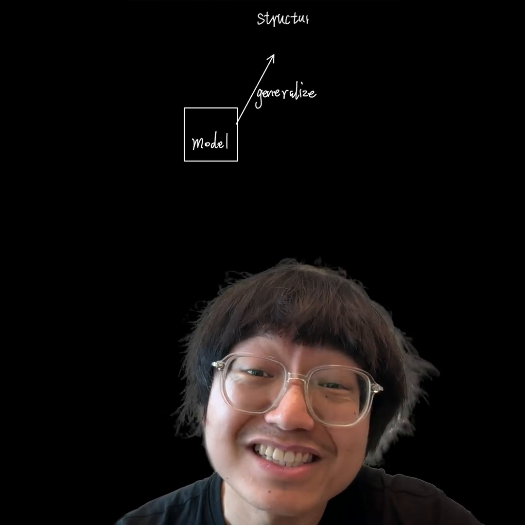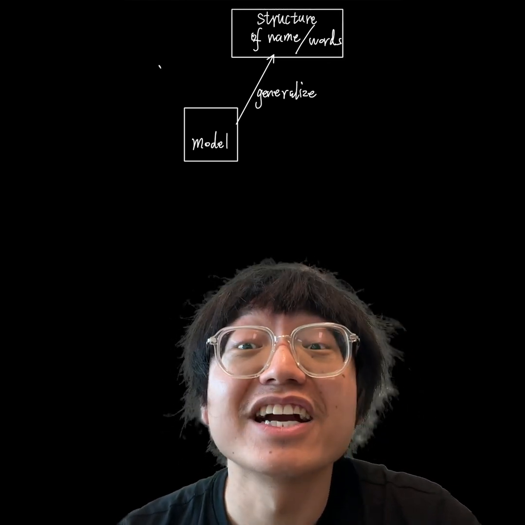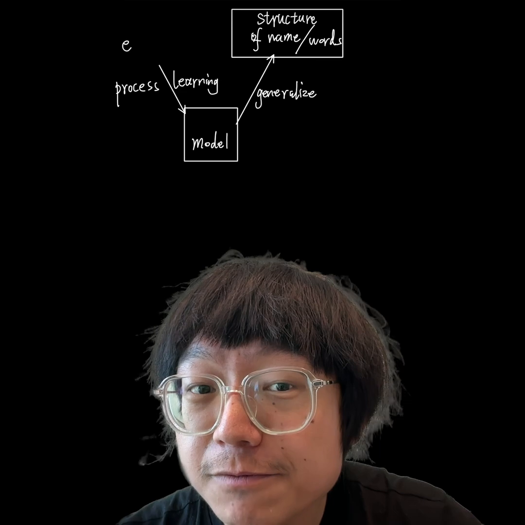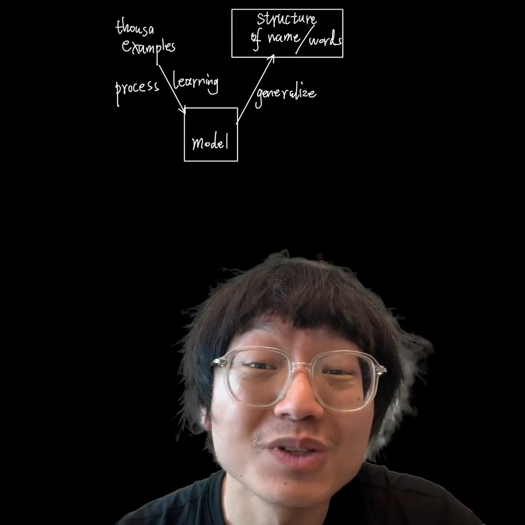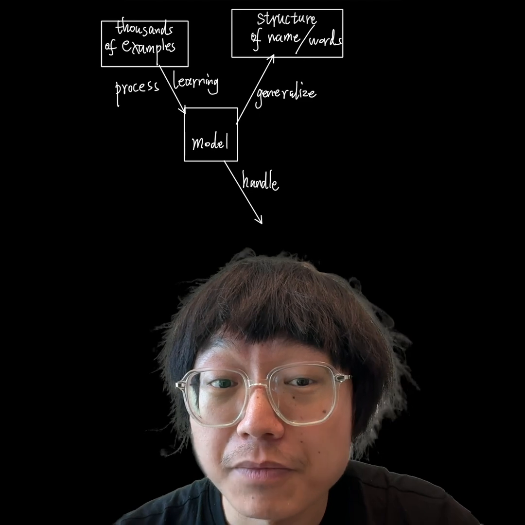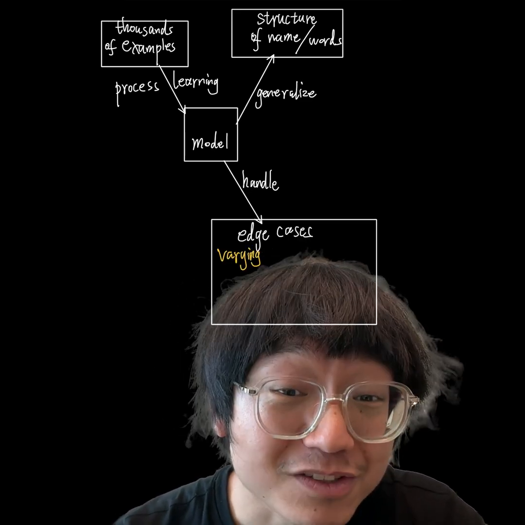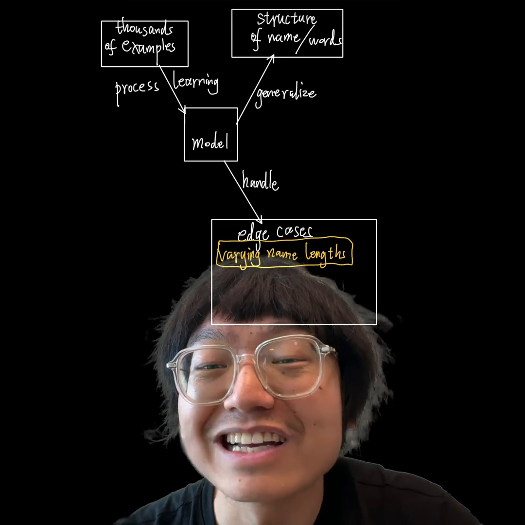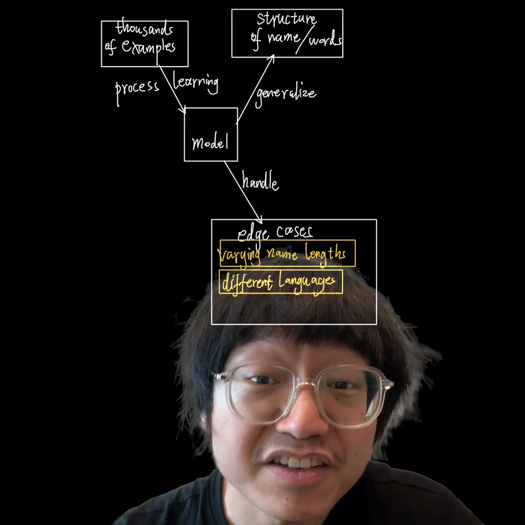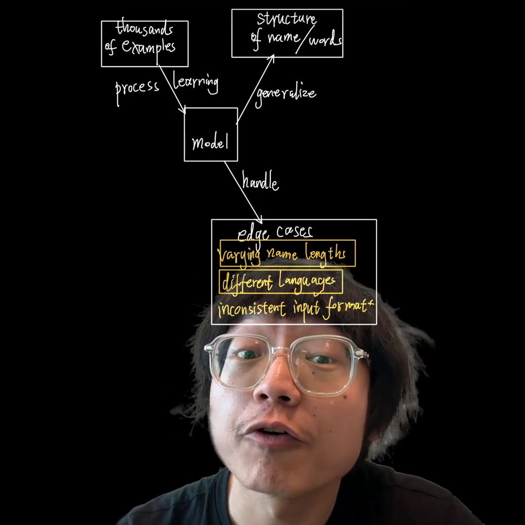Even though this task seems simple, machine learning models don't inherently know the structure of names or words, but they need to learn from many examples before they can generalize. Training with thousands of examples can ensure that these models can handle edge cases like varying name lengths, different languages, and inconsistent input formatting.